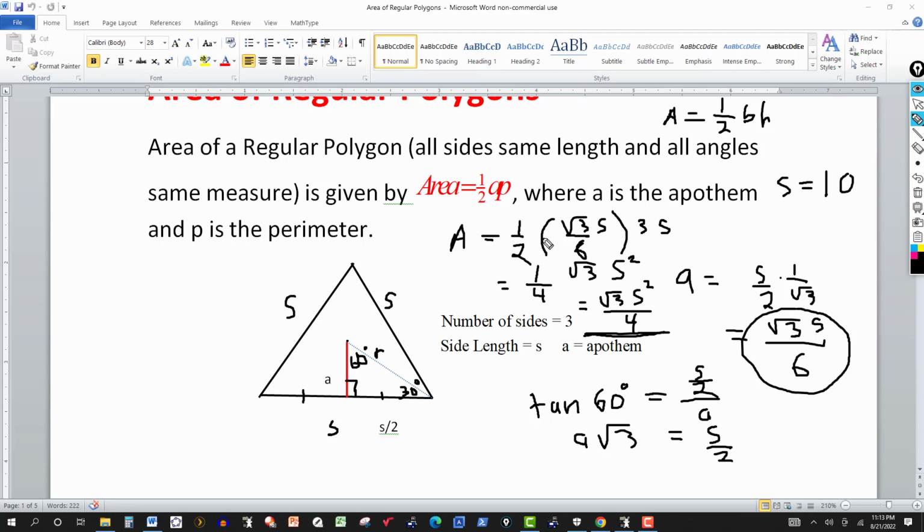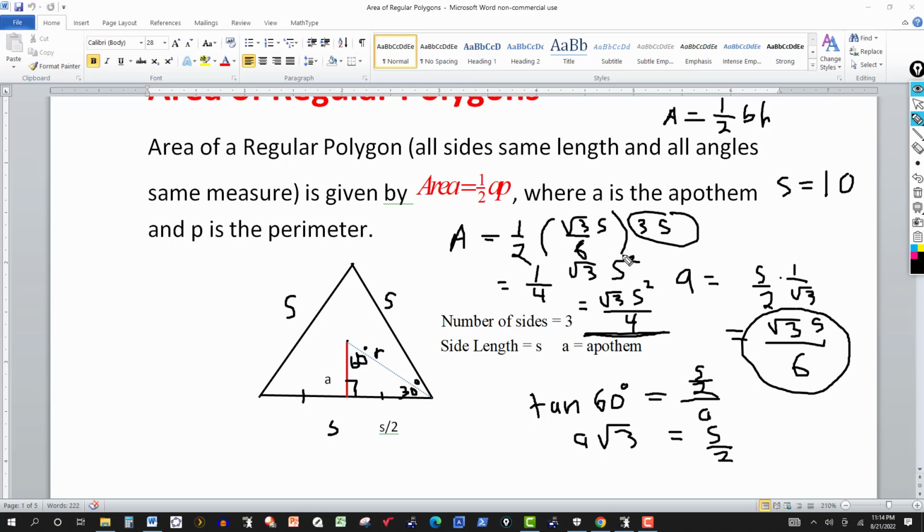You can do it in steps like this, where you just plug in the apothem, which is right here in the middle, and then this of course represents your perimeter. Or you can just use the formula this way and say, okay, if you know the side, it's 10 squared, that's 100. 100 divided by 4 is 25.